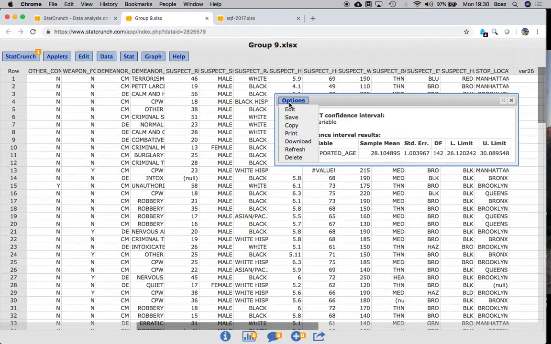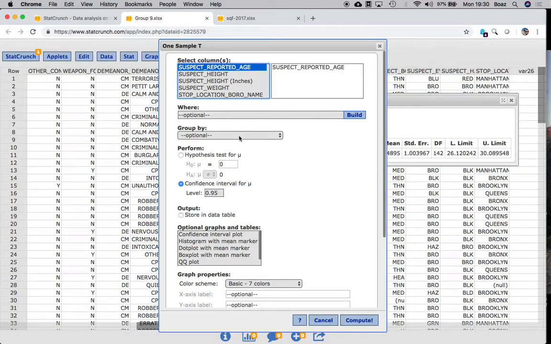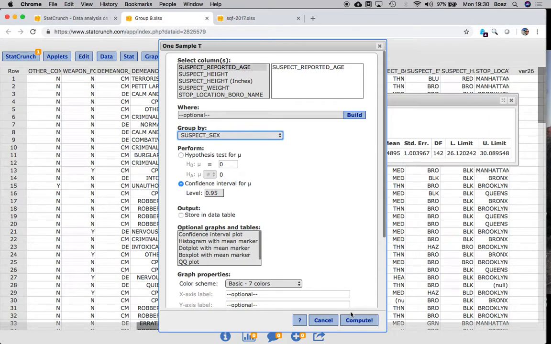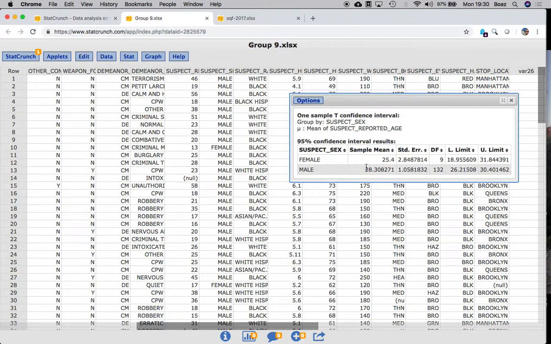Again, breaking it apart, if you wanted to group it, you could group it by suspect sex and see whether there was a difference in age. Looks like the males that were stopped were older than the females, but the confidence interval was wider for the females because there were so few of them in this sample.